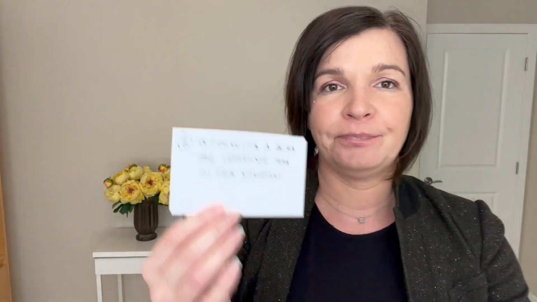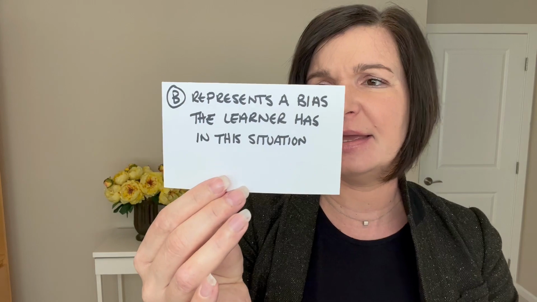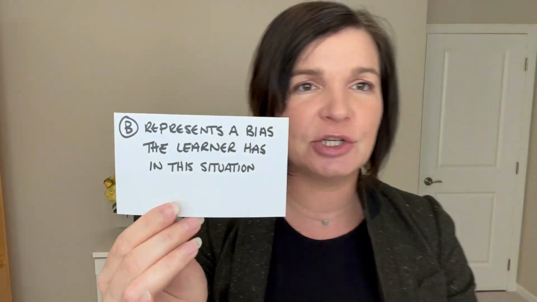And so I want you to say, okay, can I write a detail here or a choice here that will represent this assumption in my learner's mind? And for somebody who believes this, they'll actually choose that and see what happens next. That'll be a great lesson for them, because what's the consequence of making that assumption? So let's say B represents a bias the learner has in the situation.